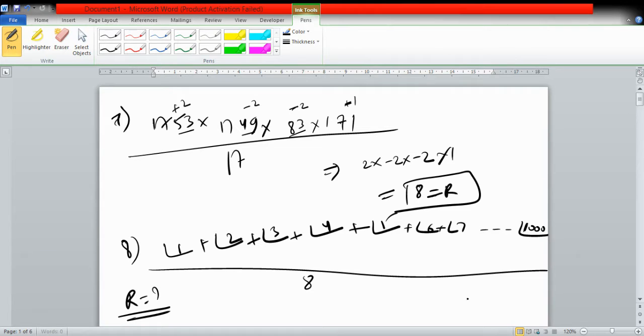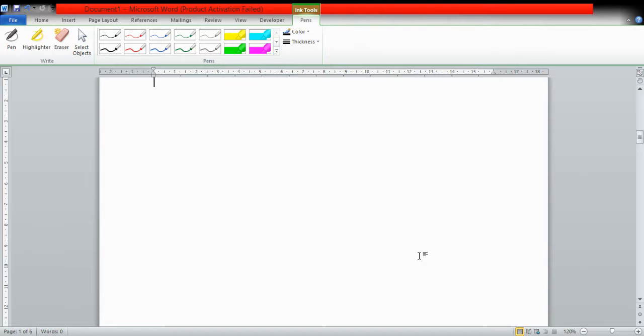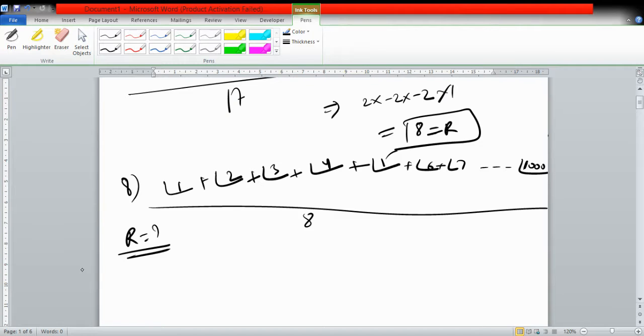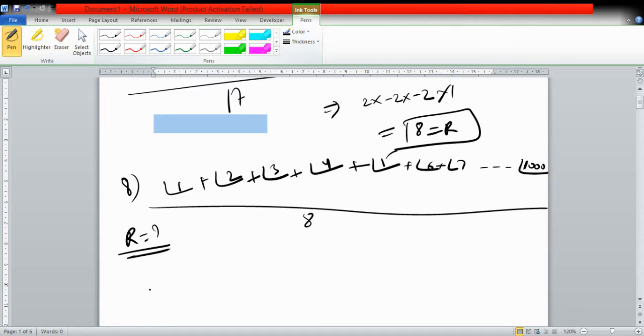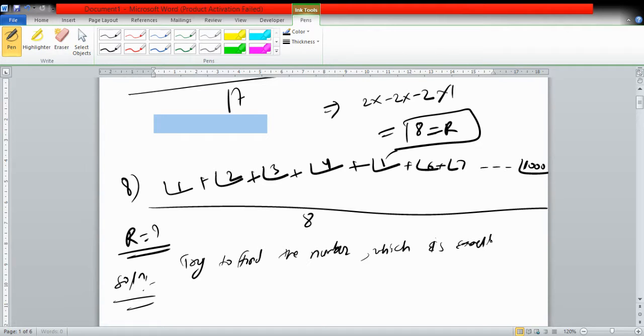That is the question. To find the remainder here, try to find the number which is exactly divisible by 8.